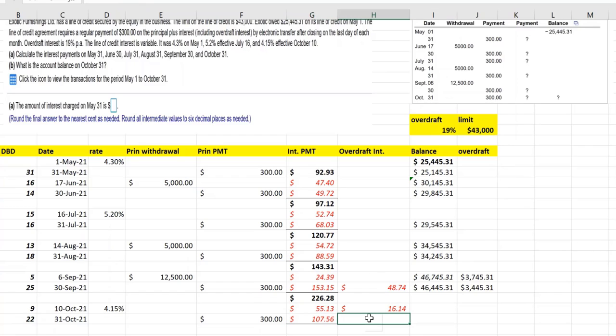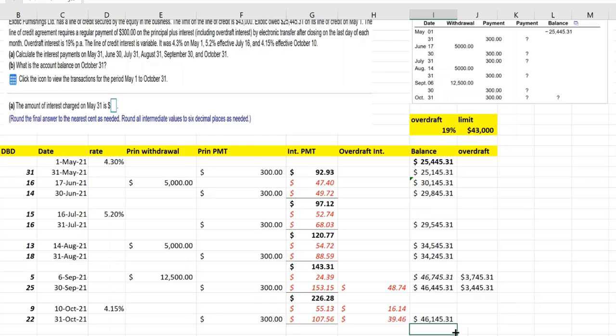We have overdraft, so it's equal to the overdraft amount times 19% times 22 days out of 365. $39.46. All right. I know that my balance has reduced by $300.